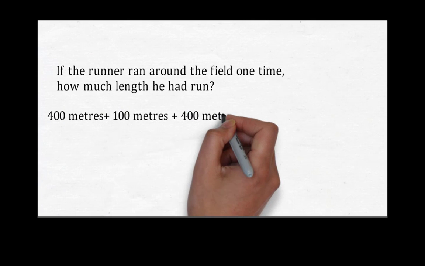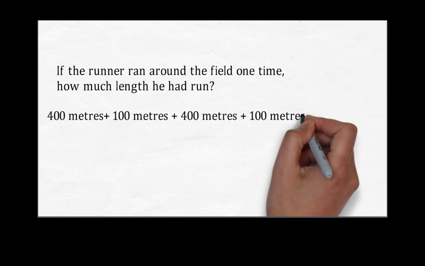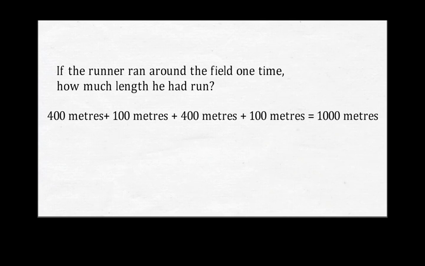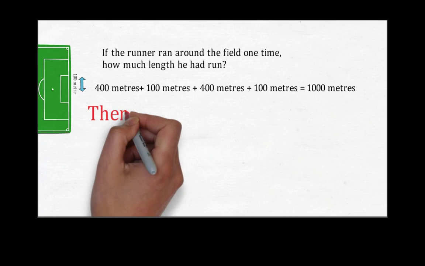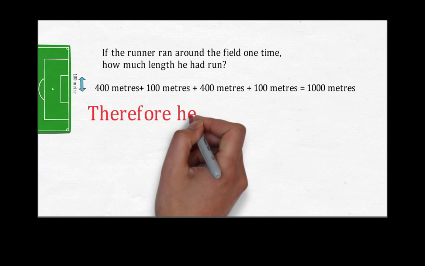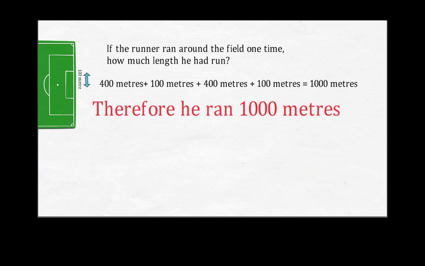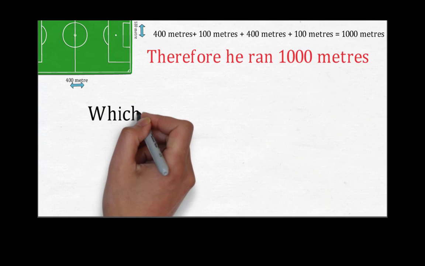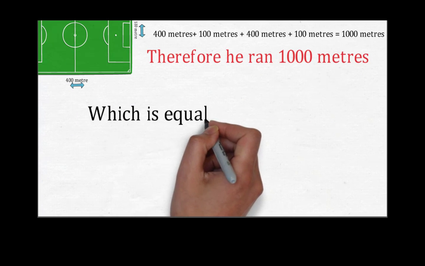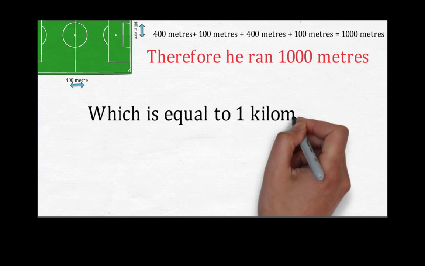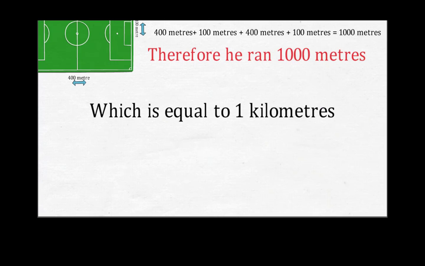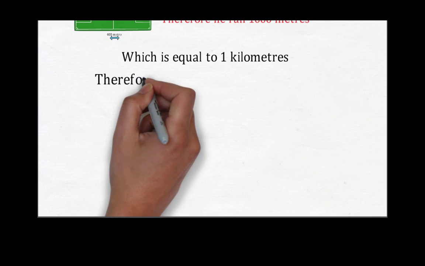So we will calculate it. 400 meters plus 100 plus 400 plus 100 meters, which is equal to 1000 meters, is it not? Therefore he ran 1000 meters, but it is also equal to how much? Yes, 1 kilometer.